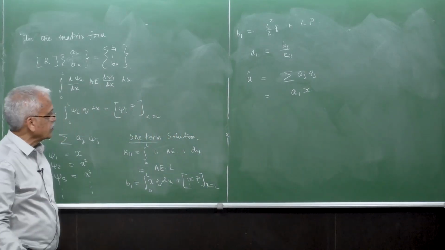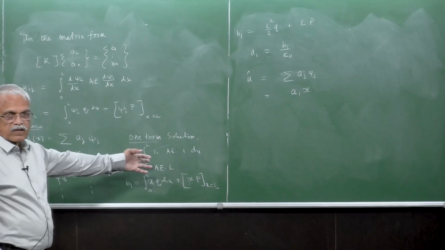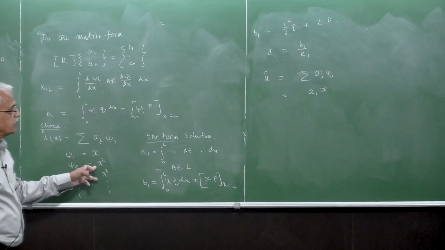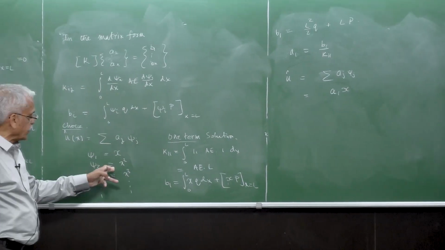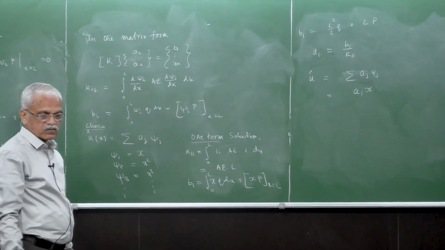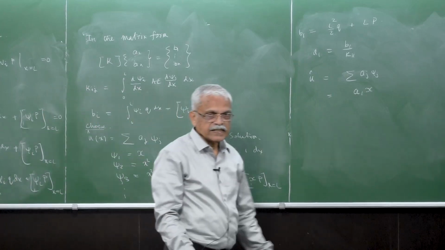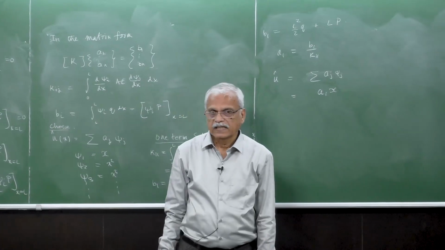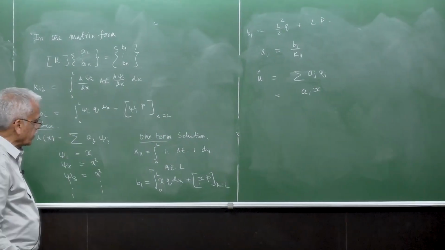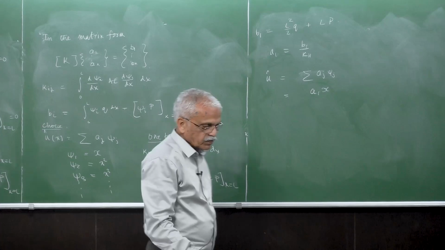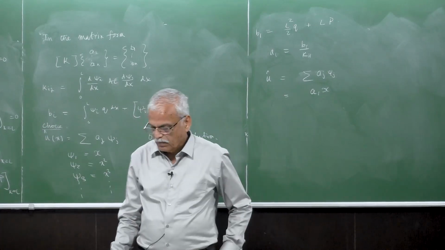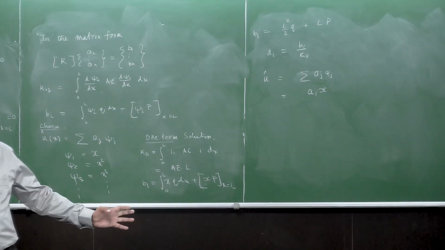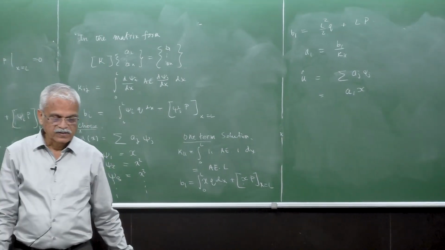Okay, so you can also do this with 2 terms. If you take 2 terms, then the size of k will be 2 by 2. If you take 3 terms, the size of k will be 3 by 3, and you have to solve for A1, A2, A3. Okay, so this is how we solve this one-dimensional problem using the weak form, taking the boundary condition into the weighted residual statement.